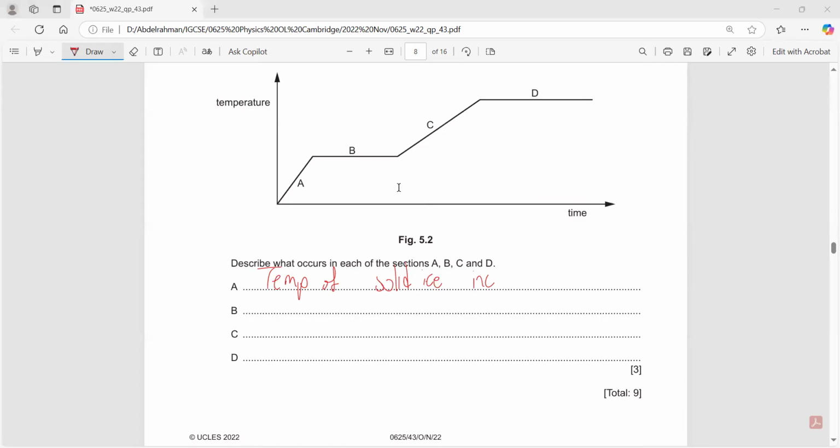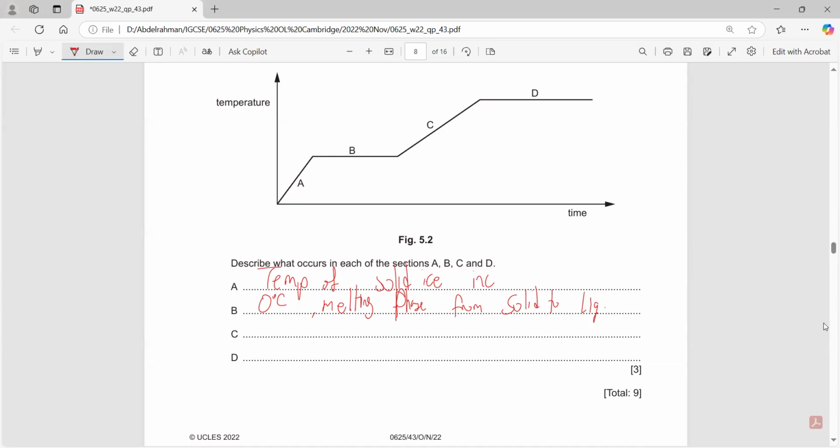It reached 0 degrees Celsius, so this is the melting phase, from solid to liquid.